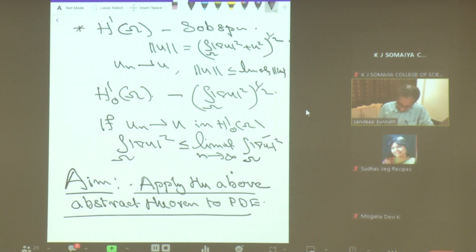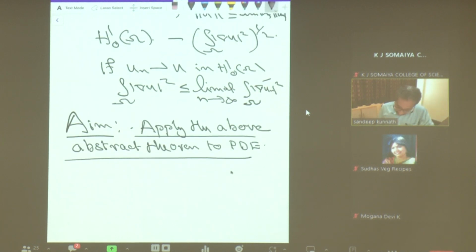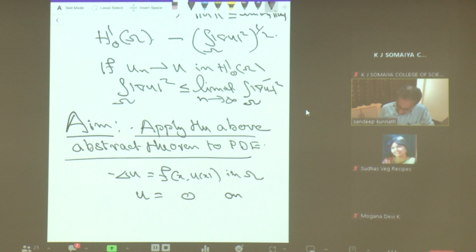So can we do that? If you remember, I had this problem: minus Laplacian of u is equal to f(x, u) in omega, and u is equal to 0 on the boundary.